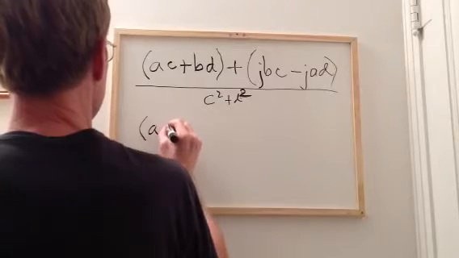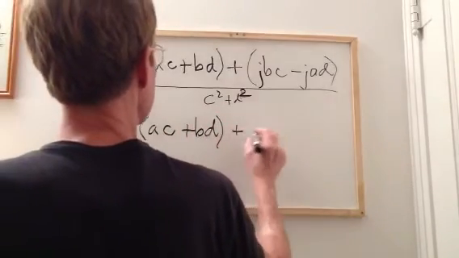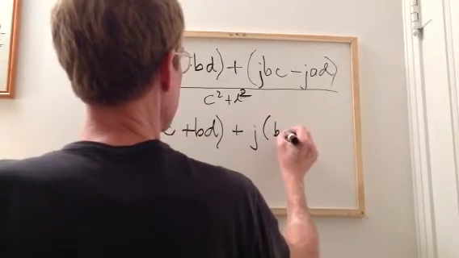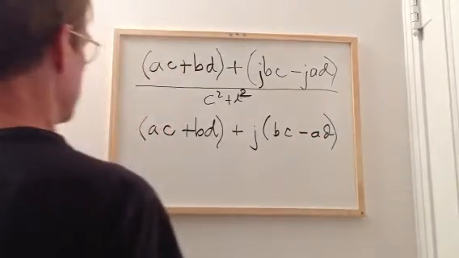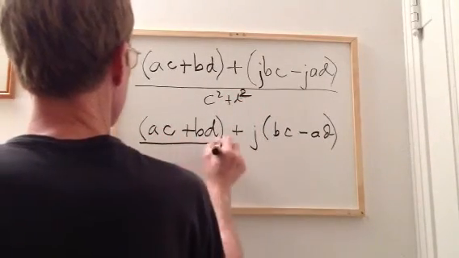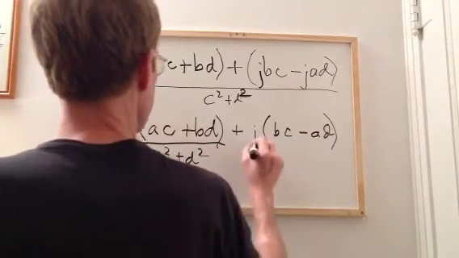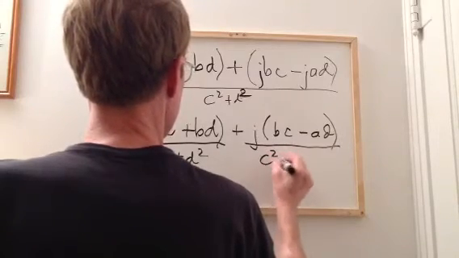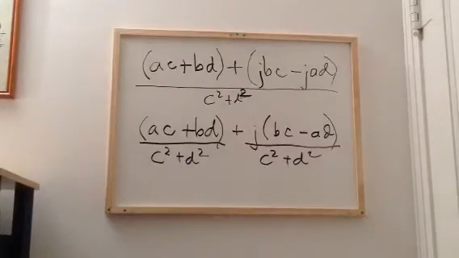AC plus BD, plus J times BC minus AD, all divided by C squared plus D squared. If you remember your distributive law, that's the formula.